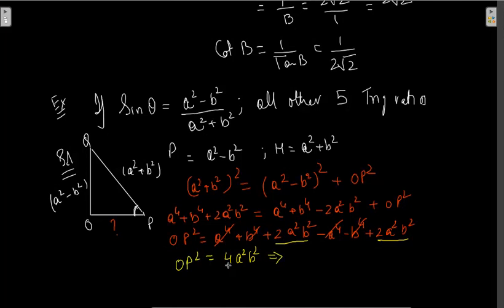Again, taking the square root on both sides, we get OP is equal to twice of A into B. So we have calculated the value of the base here, which is 2AB. Now again, let's find out the ratios.